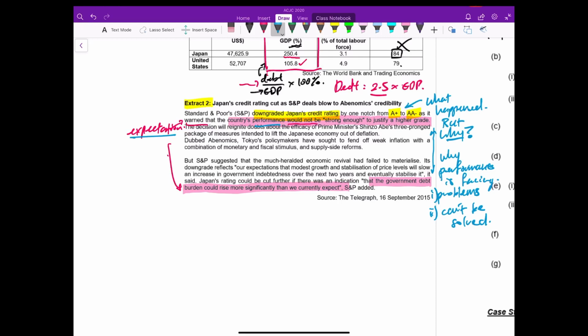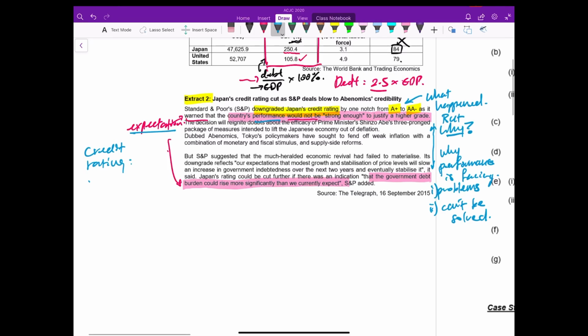In very simple, intuitive terms, your credit rating is just the confidence or expectations of a country's performance. That's it.